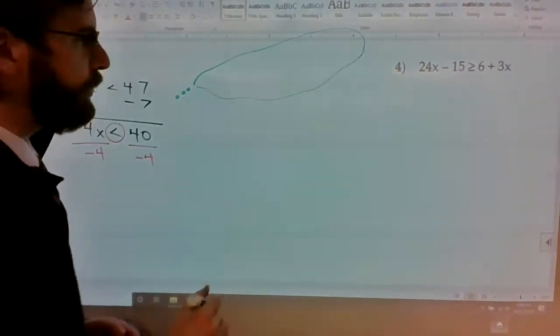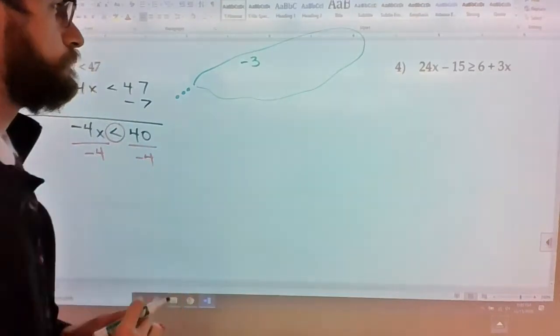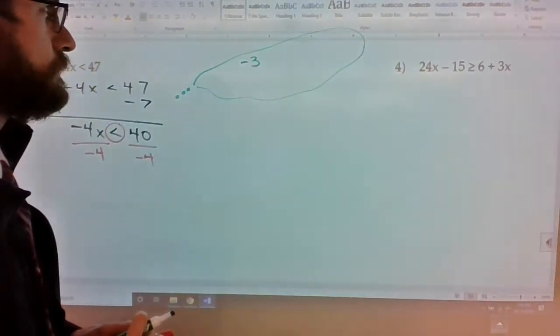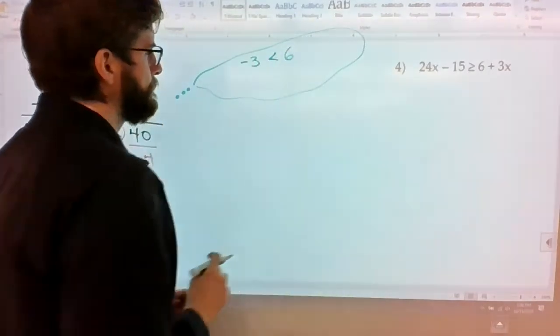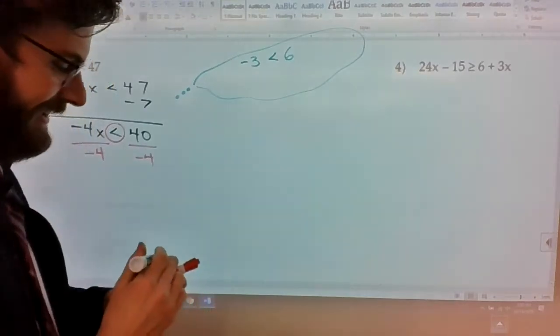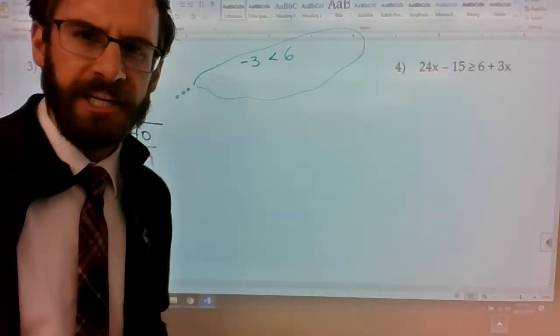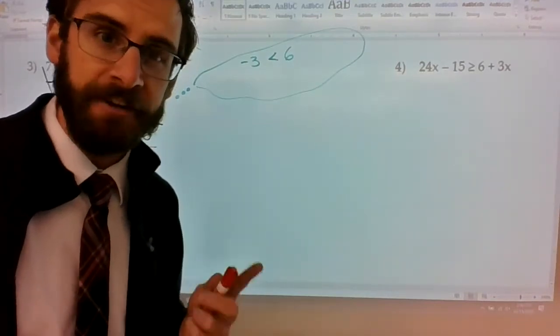Do you guys agree with me that -3 is less than 6? Hopefully yes, right? Now, what if I took that inequality and just decided off the top of my head, let's divide both sides of that by -3.